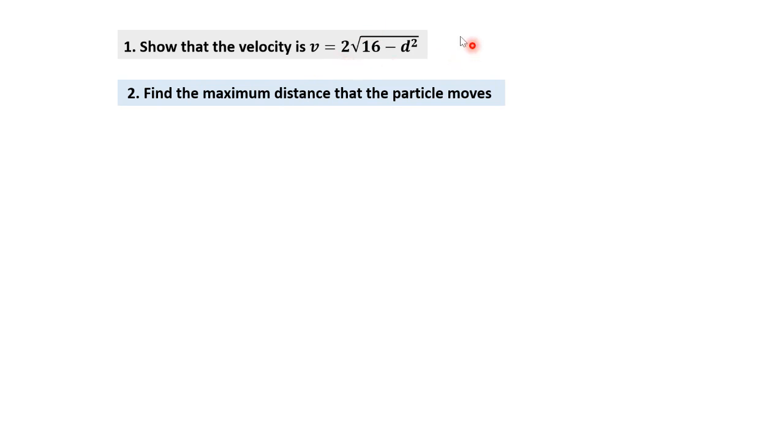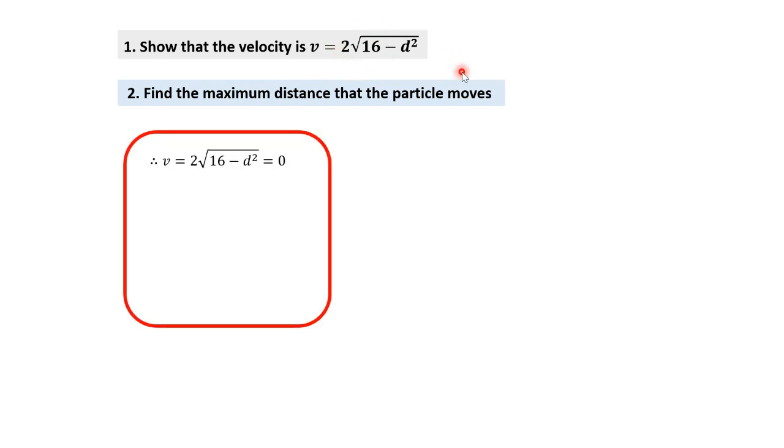We've already done it, okay, so we want to actually just solve where the derivative, which is the velocity, is 2 root 16 minus d squared equals naught, which is also why they asked you in part 1 to show that the velocity is that, so that if you can't do part 1, you can still do part 2. You've got to be clever when you write this exam.